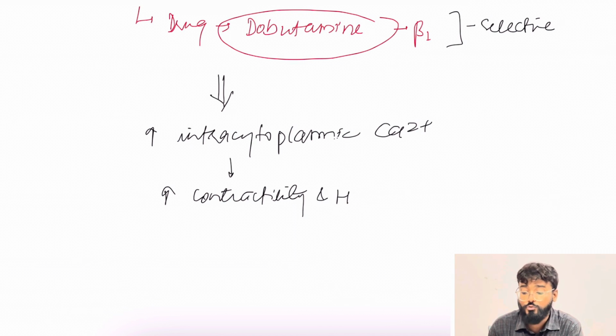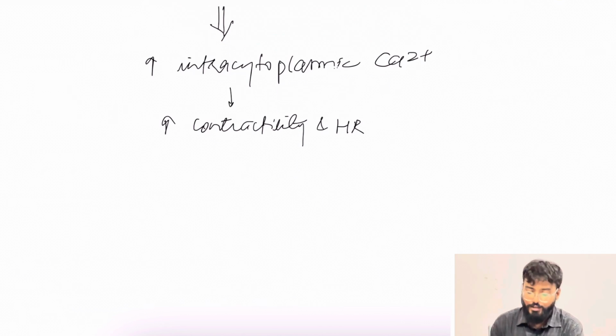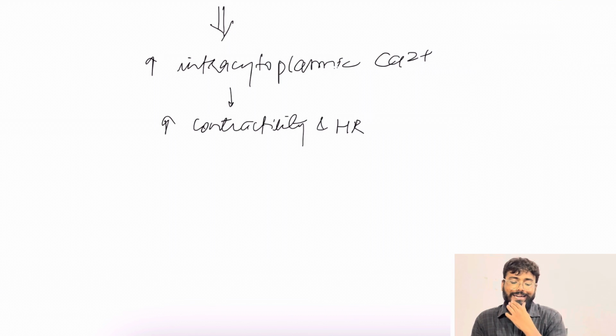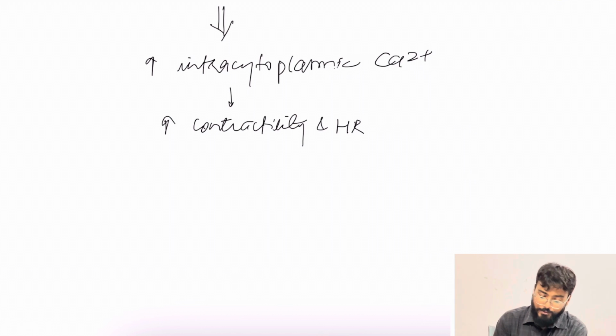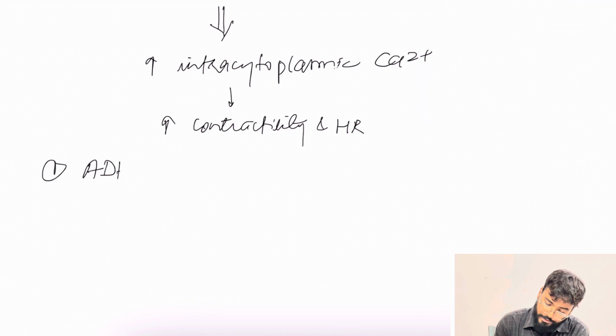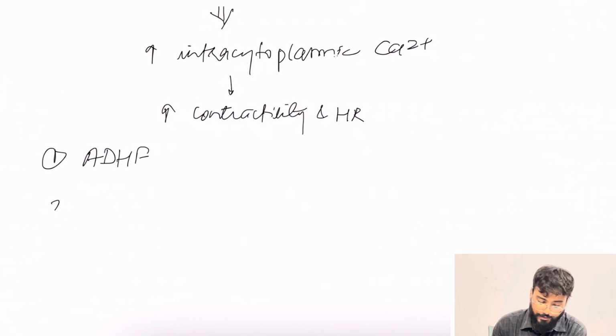and also heart rate. So what conditions can you think of where you need to increase contractility and heart rate of your heart? Can we say in acute decompensated heart failure and also in cardiogenic shock?